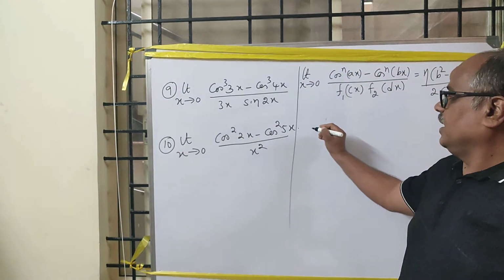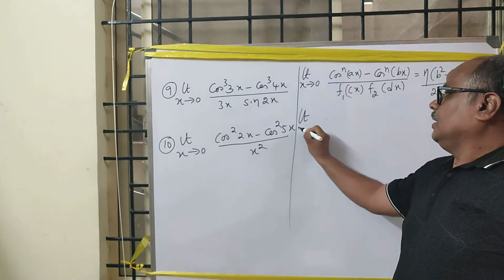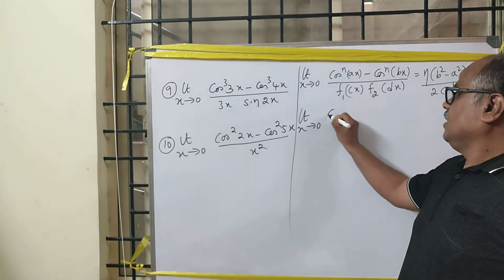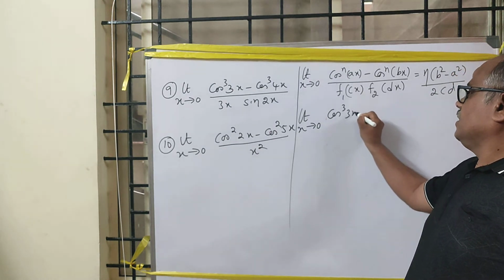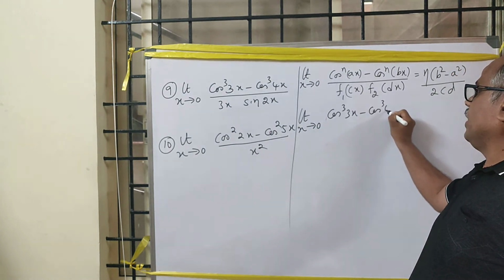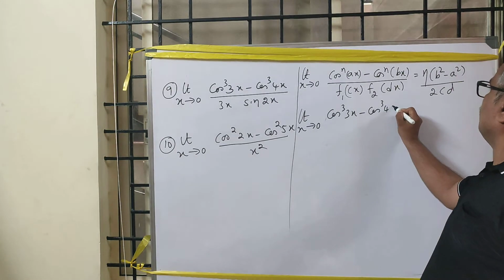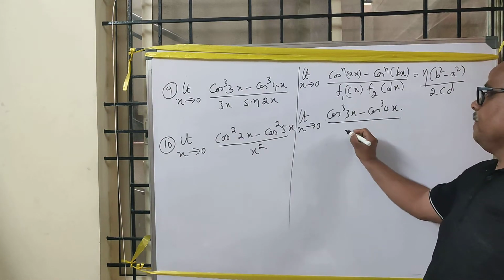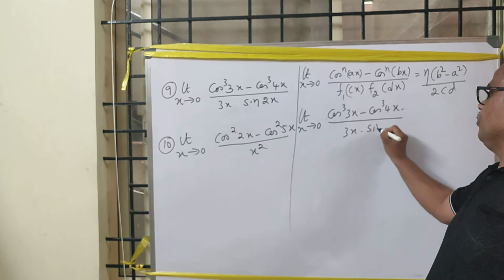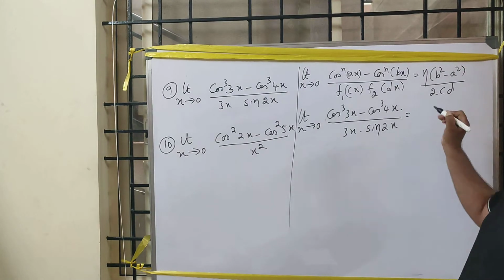Now take the ninth problem. Tell the answer for this. Cos cube 3x minus cos cube 4x divided by 3x into sin 2x should be equal to n of b square minus a square divided by 2cd.